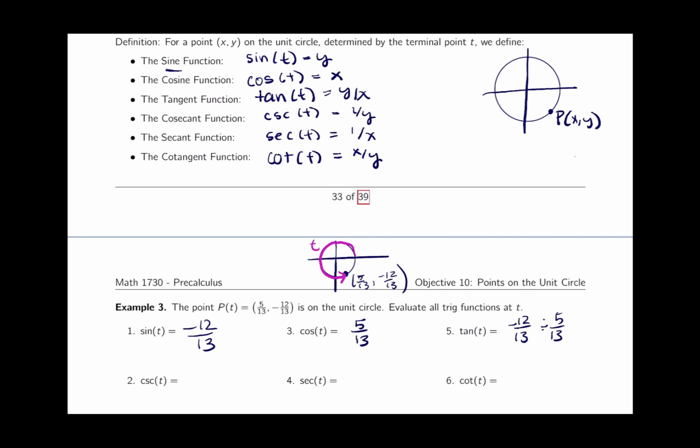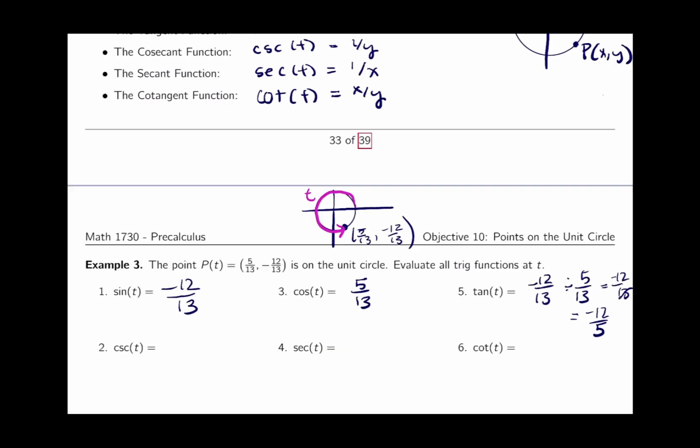So my y value is negative 12/13, and I'm going to divide by 5/13. When we divide fractions, we really want to think about that as multiplying by the reciprocal. So I'm going to write this as negative 12/13 times 13 over 5. My 13s will cancel out with each other, and I end up with negative 12/5. The cosecant of t is going to be 1 over the y value, or 1 divided by my y value.